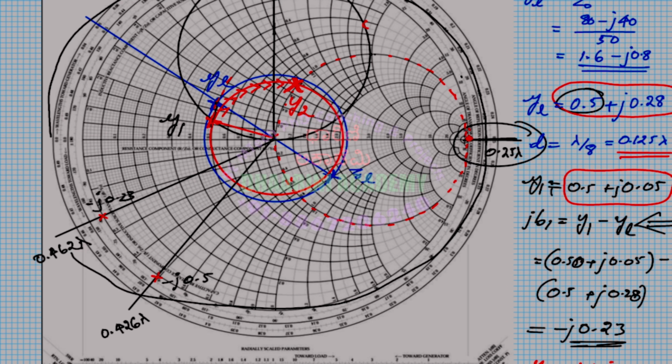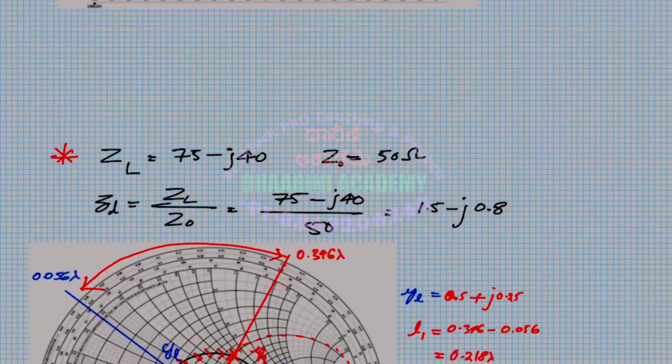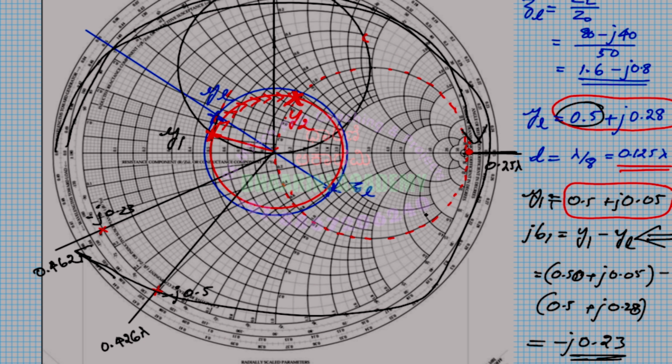The 0.25 is measured from 0 till here, and 0.462 is also measured from 0 till here. That's the concept. So you have to subtract 0.25 because that is common between both the measurements.